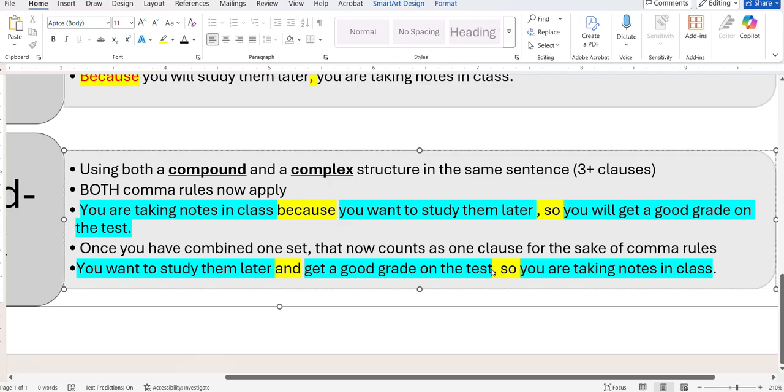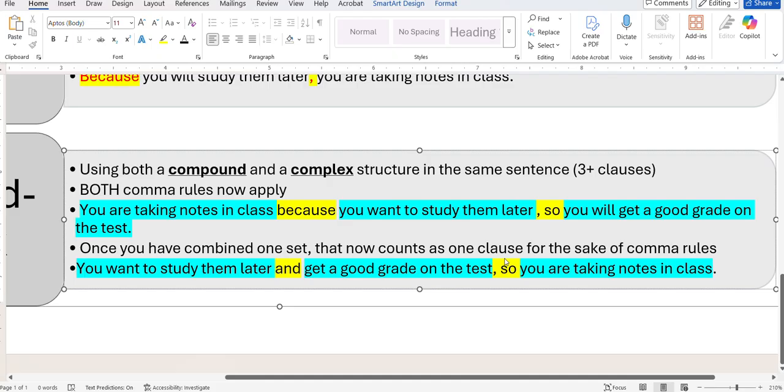And therefore, because you have a complete sentence on this side and a complete sentence on this side, you use that comma there. So you can't just go by the clause that is right before the fanboy if this is now a complete sentence. Once you have combined 2 together, that is now one sentence. And then you determine whether or not to use the comma here.